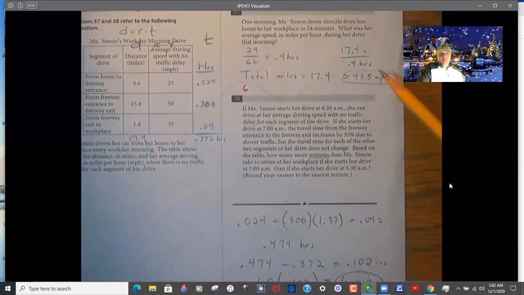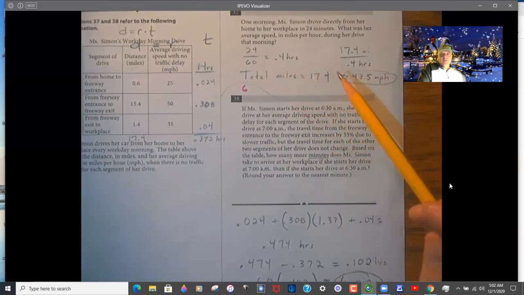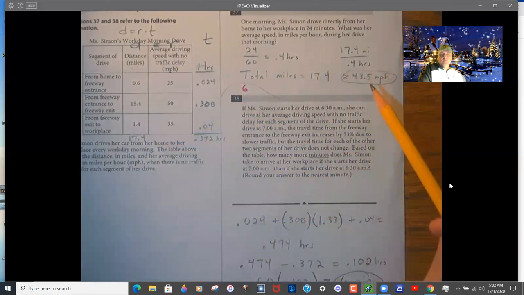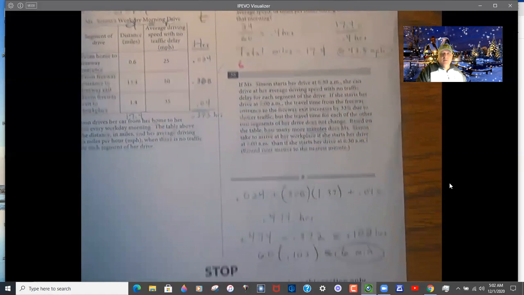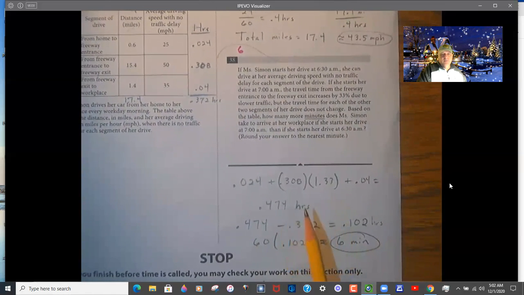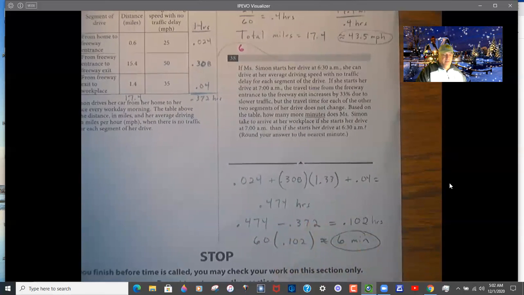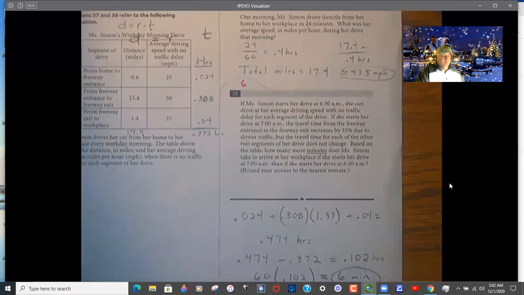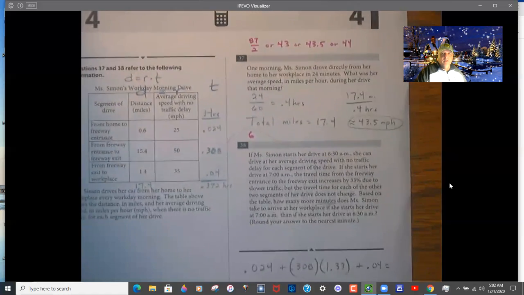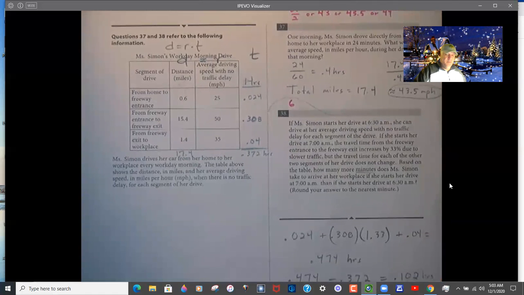And then you're going to take that over here with the question that they're asking. 0.4 hours, 17.4 over 0.4 hours to give you your total average speed. And then here to do that 33% increase to give you a new set of hours, find the difference and multiply by 60. So actually 2 harder problems to end with on the math with calculator section of your pretest.